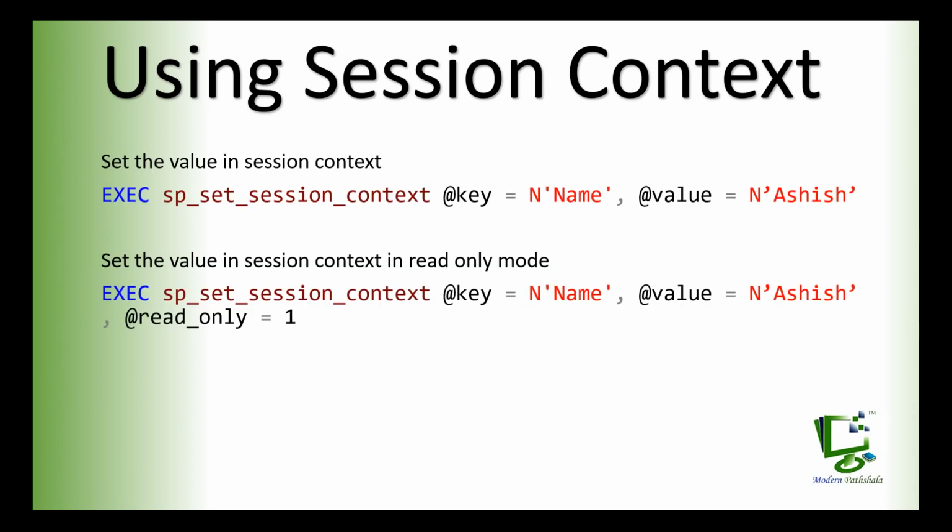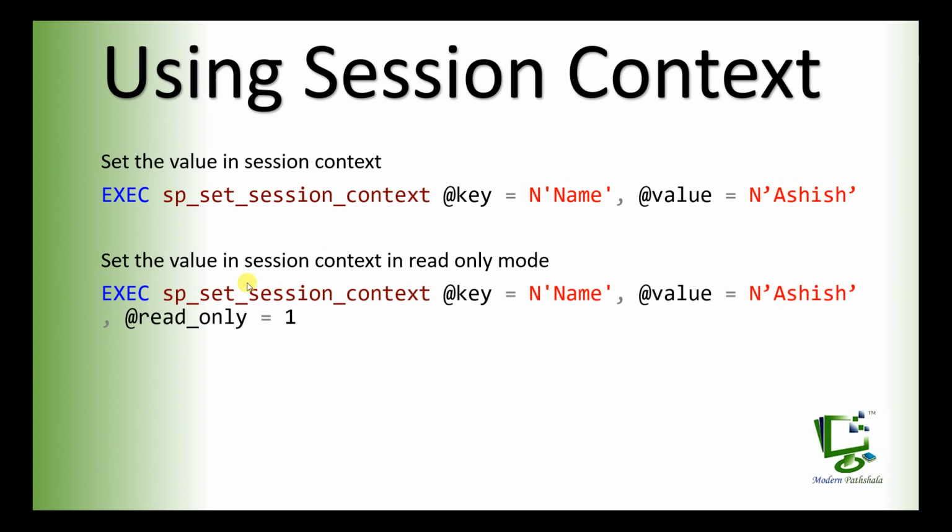Using session context in SQL Server is very easy. SQL Server provides the sp_set_session_context stored procedure, by using which we can store data inside the session context. The sp_set_session_context stored procedure takes two parameters. One is the key of type string and the other is the value that we want to store inside the session context.